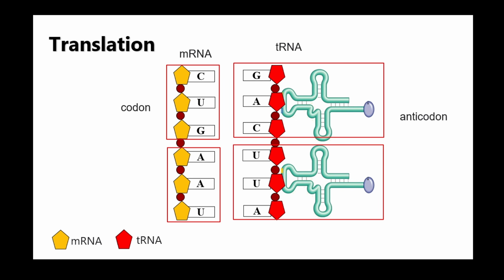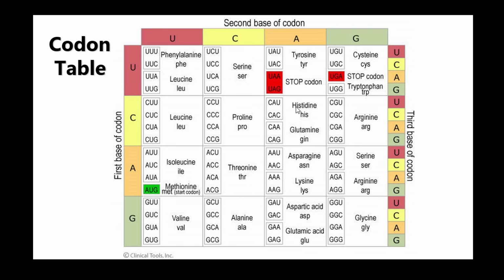We need the amino acid to be able to come up or produce a protein. Ngayon, paano natin malalaman yung amino acid? We have what we call a codon table or a codon chart. You will be using the codons found in the mRNA to find the name of the amino acid.